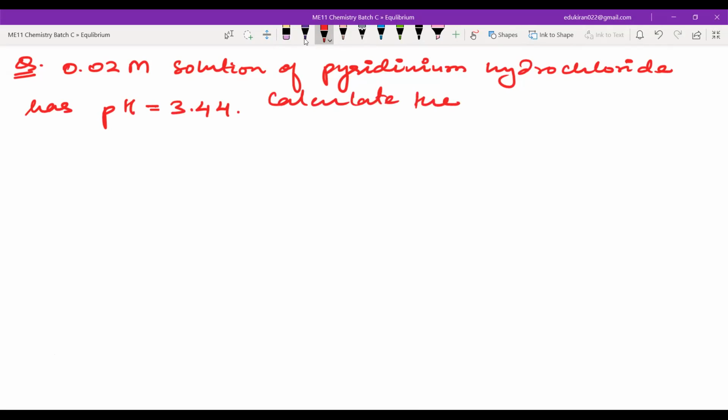Calculate the ionization constant of pyridine.